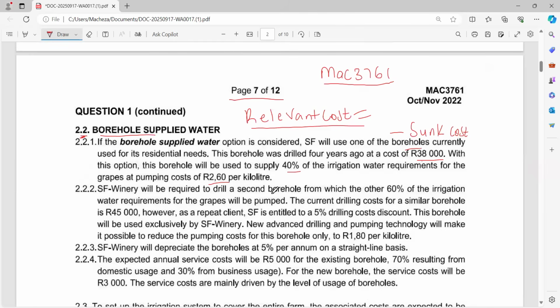Are we done with 2.1, or is there something that we need? What are we going to do with this option? This bore will be used to supply 40% of the irrigation water requirements for the grapes at a pumping cost of 2 rand 60. Is that cost relevant?